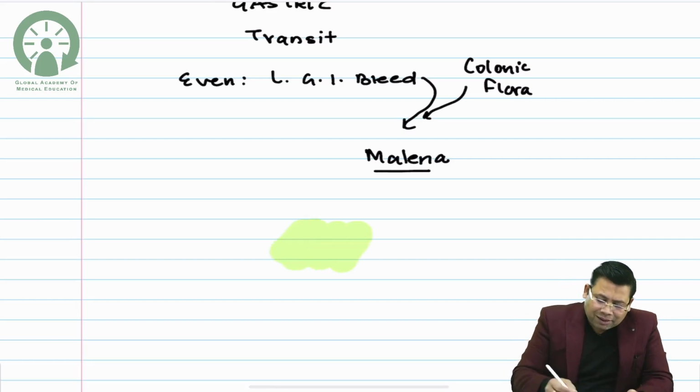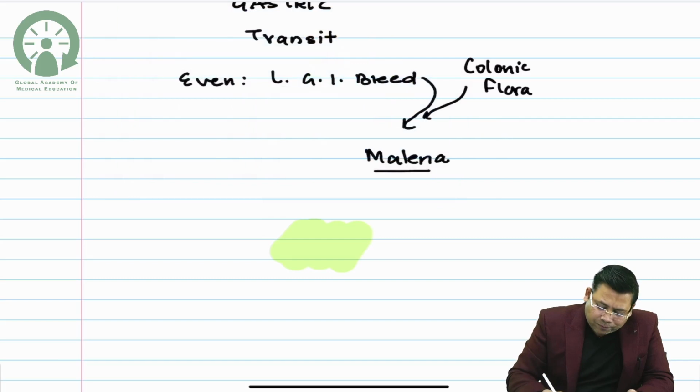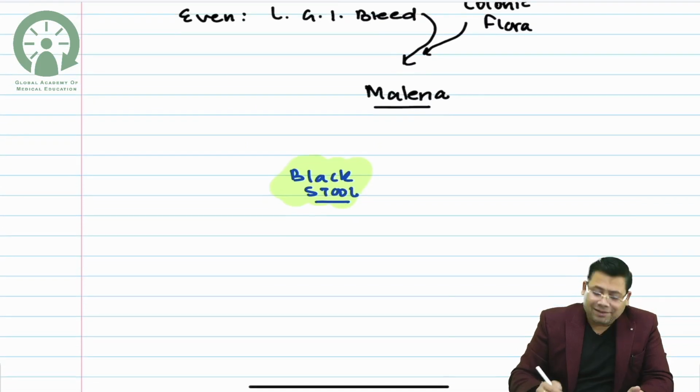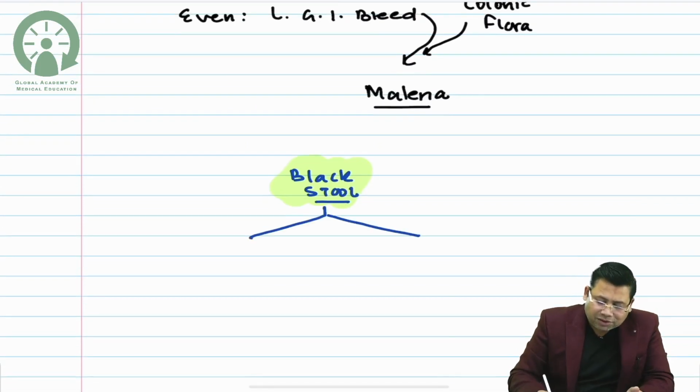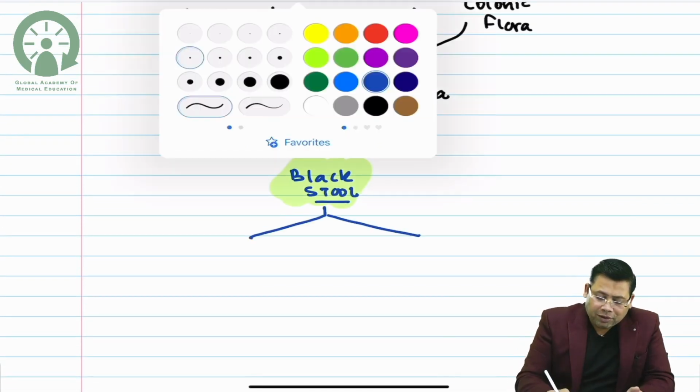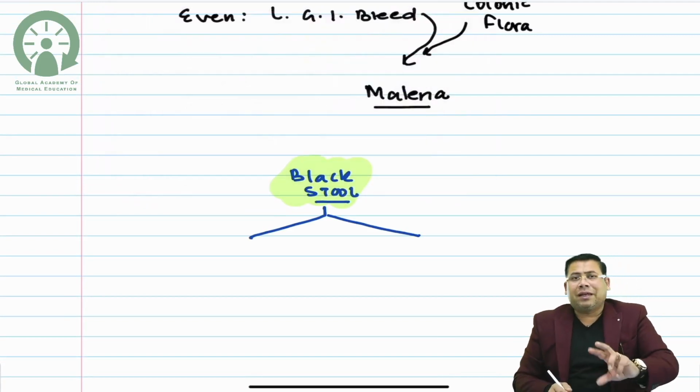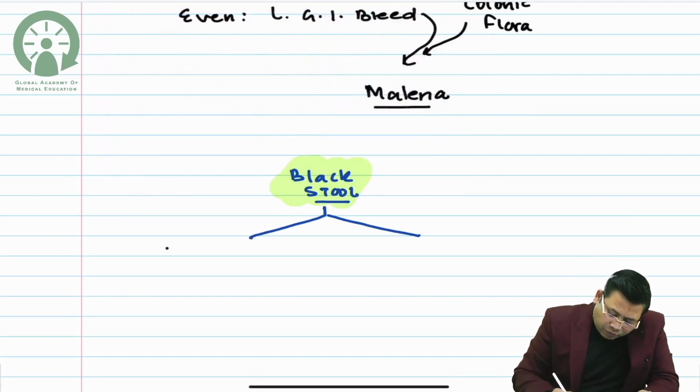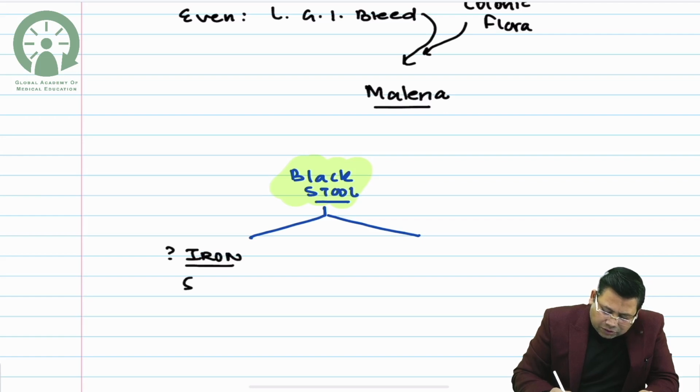So does the black stool qualify for this? Merely having a black stool doesn't qualify for melena. Why doesn't it qualify? Because of two different points of view. First of all, black stool can be seen in case of iron supplementation, point number one.